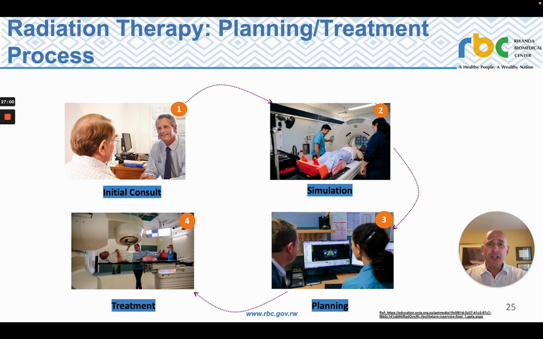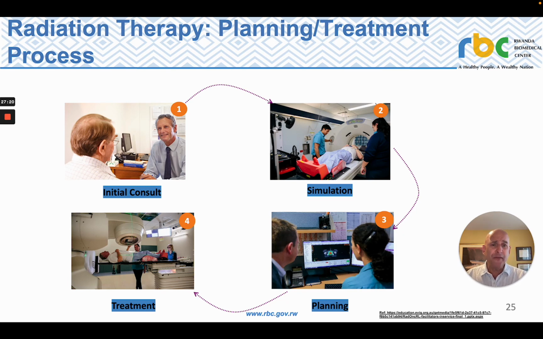So switching gears, I want to talk a little bit about the radiation therapy planning and treatment process. This schematic, I think, kind of outlines the four broad steps that we're talking about. The initial consultation by the radiation oncologist, followed by simulation.